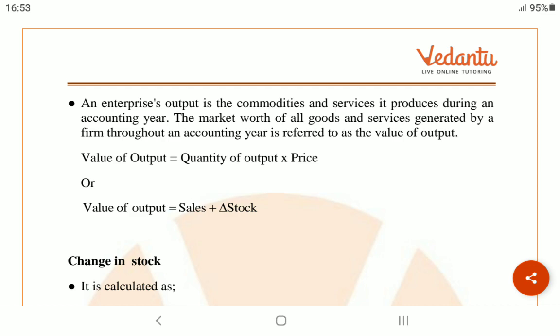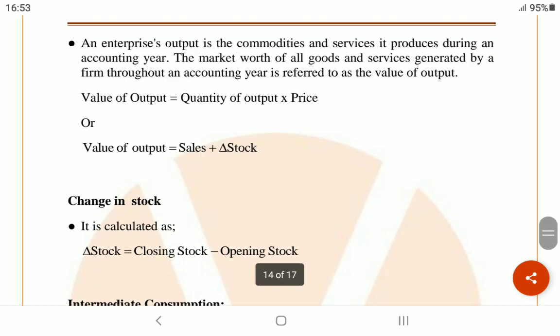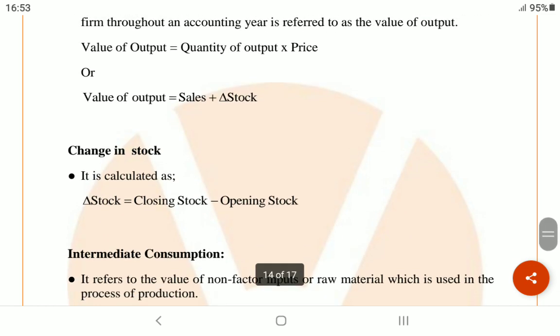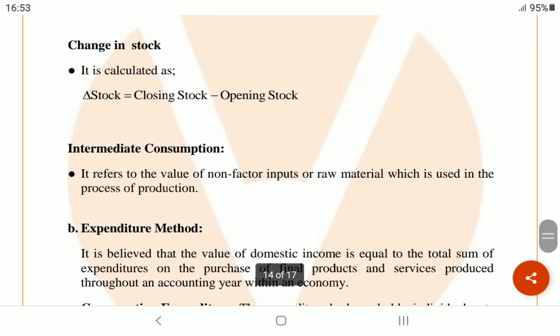Value of output is equal to quantity of output into price, or value of output is equal to sales plus delta stock, the change in stock. It is calculated as change in stock is equal to closing stock minus opening stock. What is the closing stock of that year, minus opening stock? If you do, you will get the change in stock.